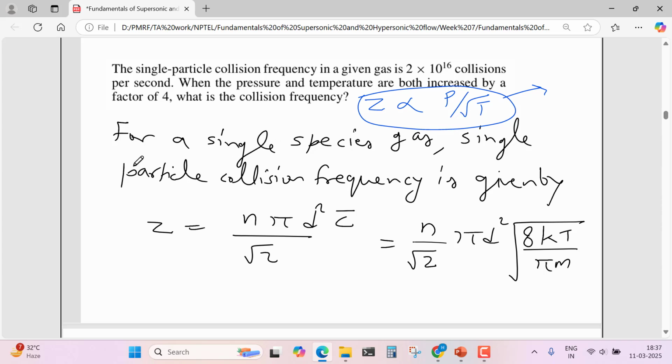For a single species gas, single particle collision frequency is given by Z equal to n pi d square c bar upon under root 2. This is given if we are considering the relative velocity between the particles. If you don't consider the relative velocity between the particles, then this root 2 will not be there. This root 2 is due to the effect of that only.